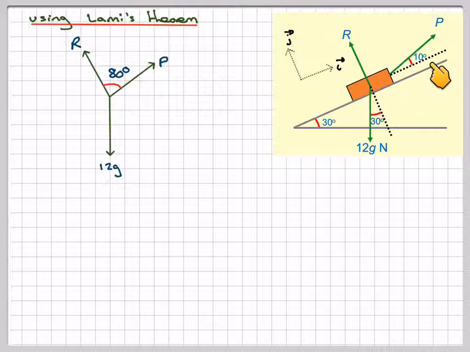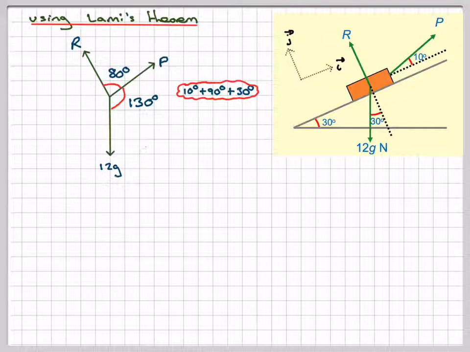Because this here is 90, and this is already inclined at 10, therefore the remaining angle must be 80. This angle must be 130, which you get by doing 10 plus the 90 plus the 30, and then the other one you can get because these add up to 360. Or you could have said this here is a straight line, therefore this is 30, this must be 150.